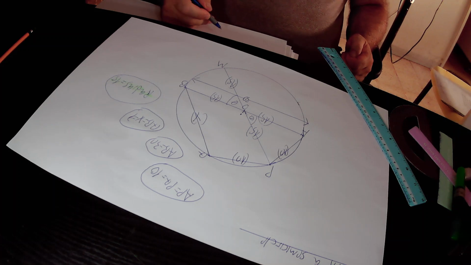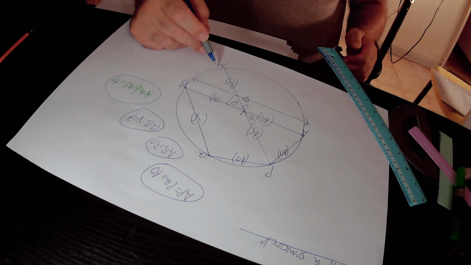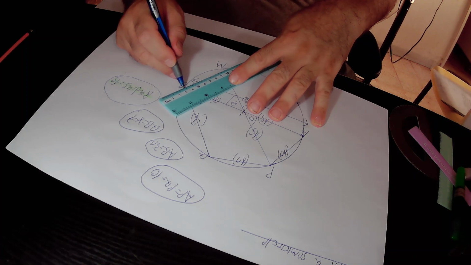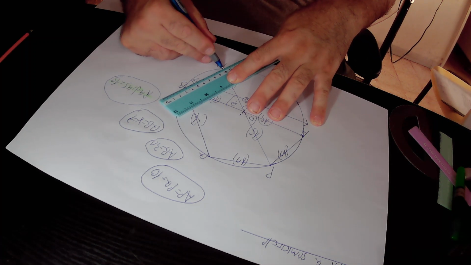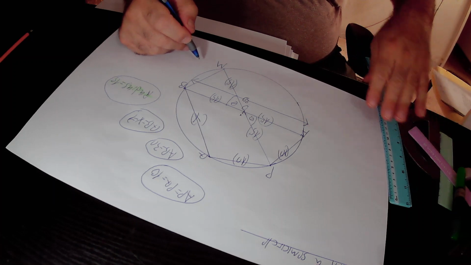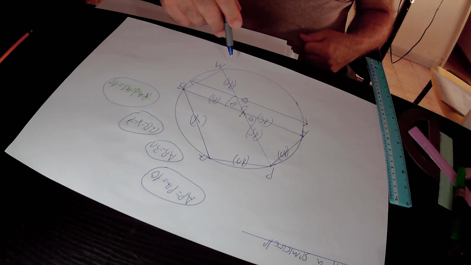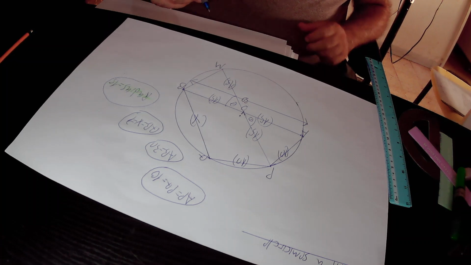In the next step, we join points B and M together by a straight line, and prove that triangle APO is congruent to triangle MOB.